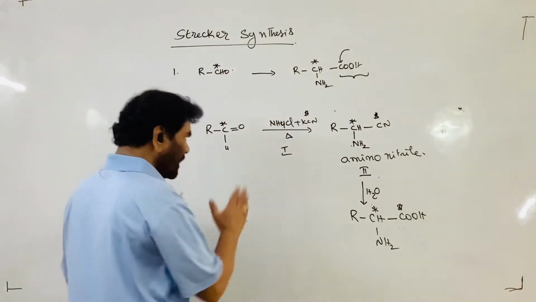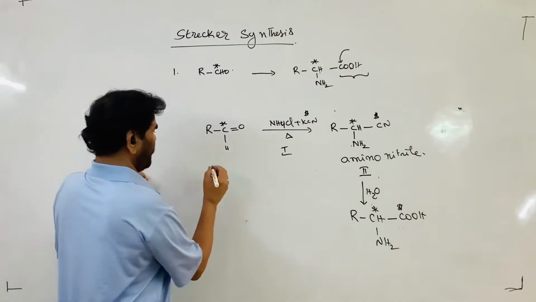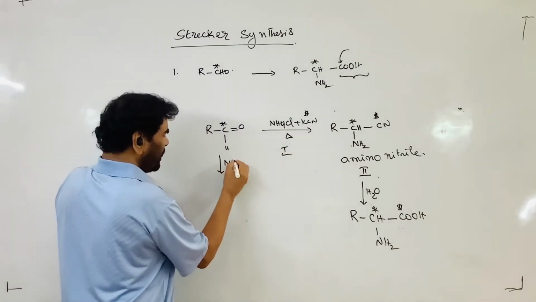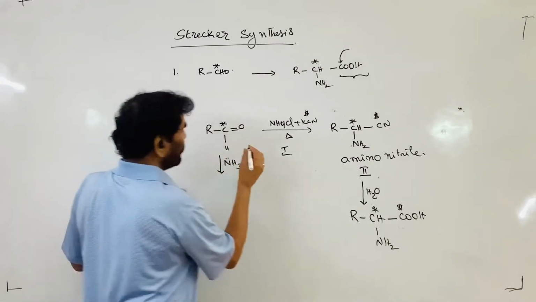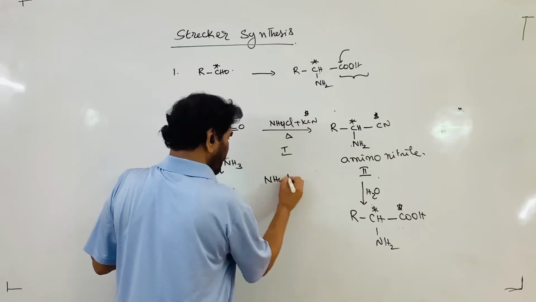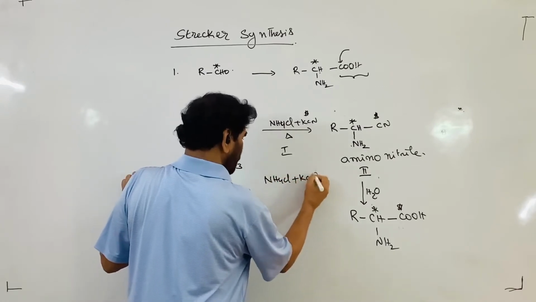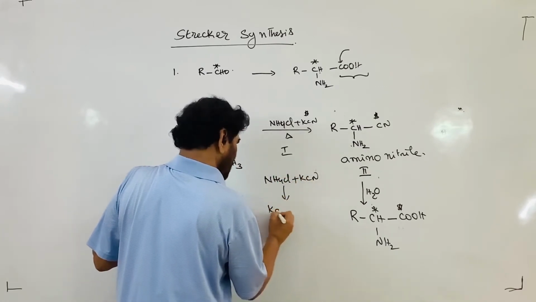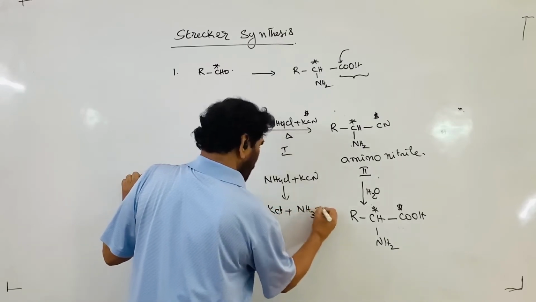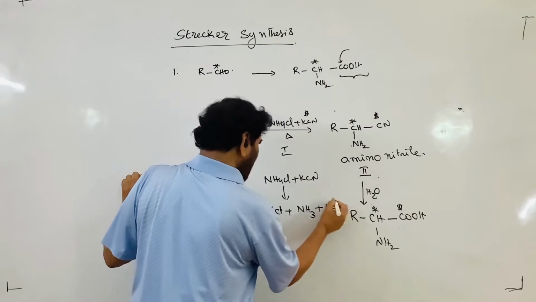See, what is the mechanism of the reaction? First I told you ammonium chloride plus KCN gives KCl plus ammonia plus HCN, thermal effect.